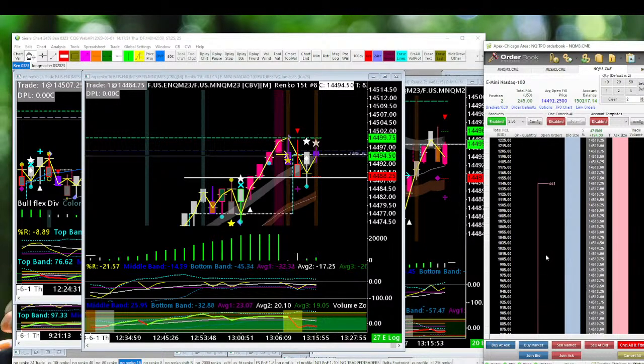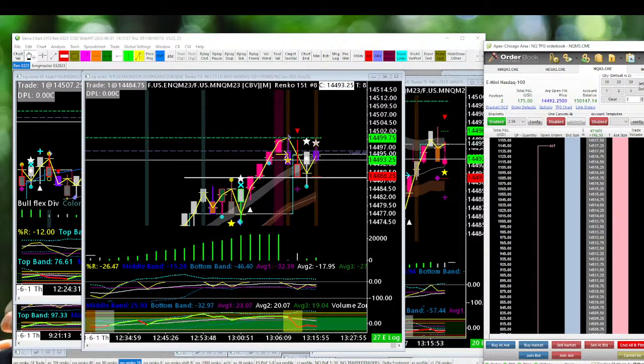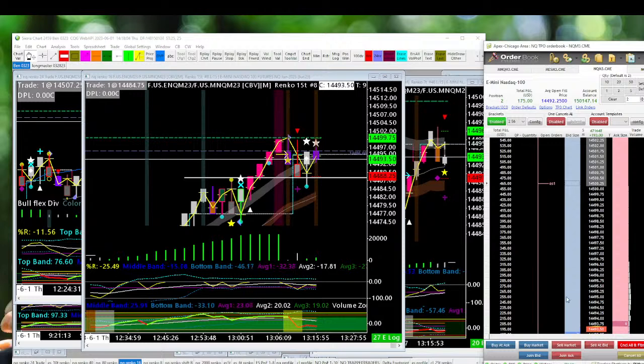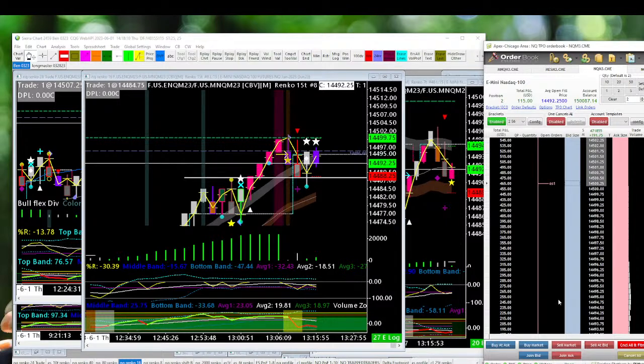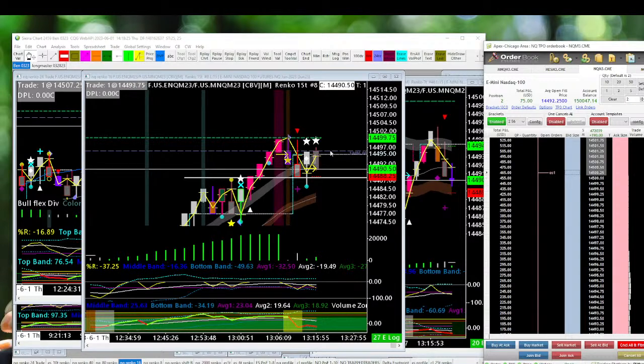But here, I have an idea. No, I don't want to mess with this one because it could go to the high of the week, which is like 14,570 or something. Probably not straight there, but that could be the target for the day. There's still another 2 hours, so if they want to keep going, it can keep going. It should not stall here, though. This is not looking promising.